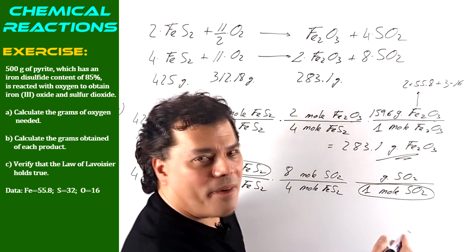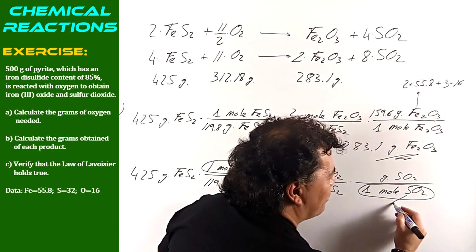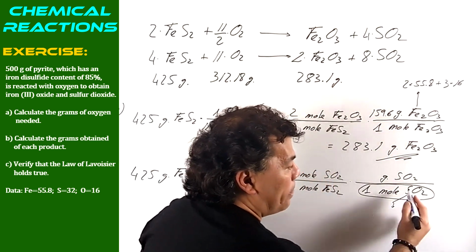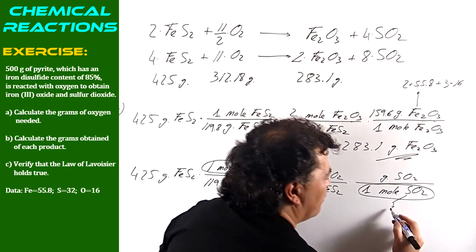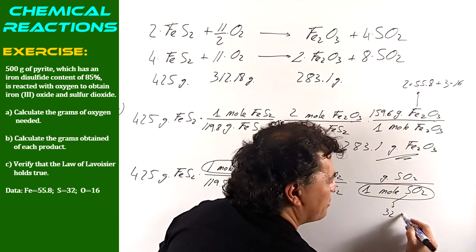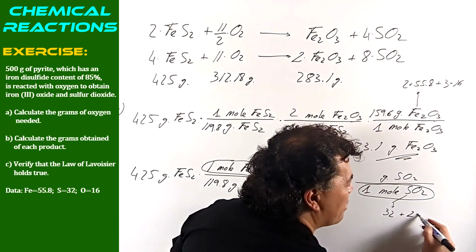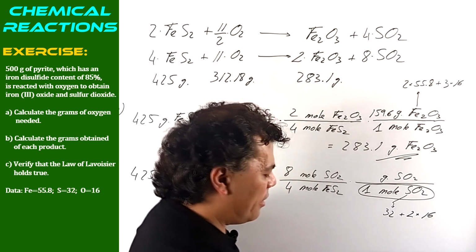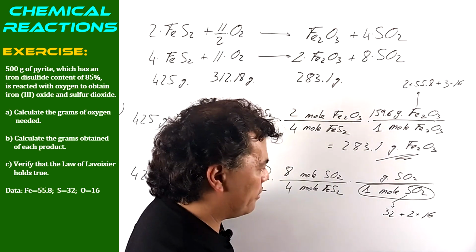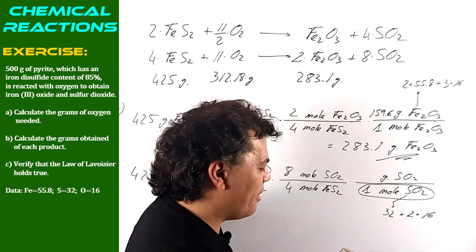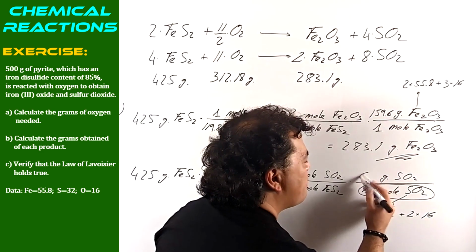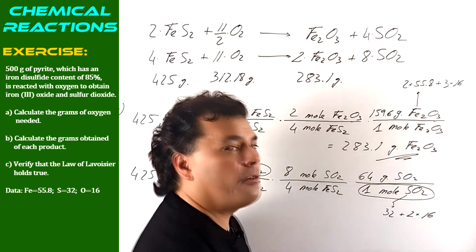And now it's time, as always, to add the atomic masses of these atoms. Sulfur atom, 32, plus 2 oxygen atoms, so 2 times 16. Let's write it in the calculator. 32 plus 2 times 16. And it is 64 grams of sulfur dioxide.